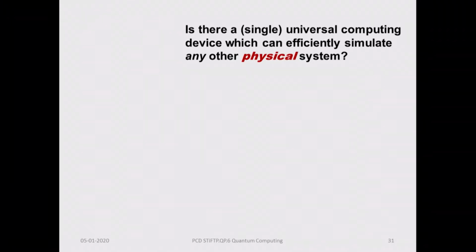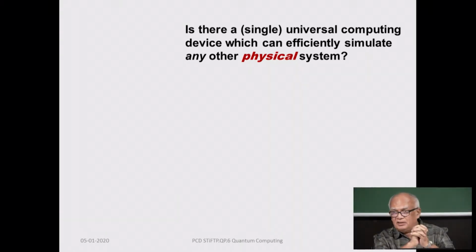So now comes a question: is there a universal computing device which can efficiently simulate any physical system? Now the emphasis, the key word over here is a physical system.